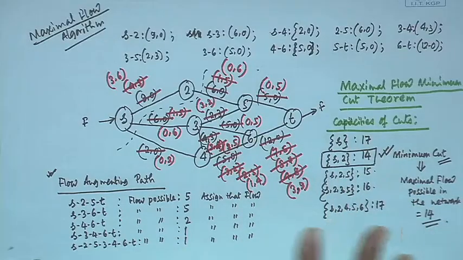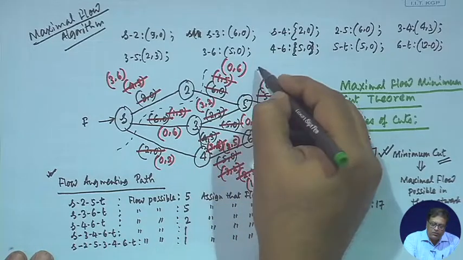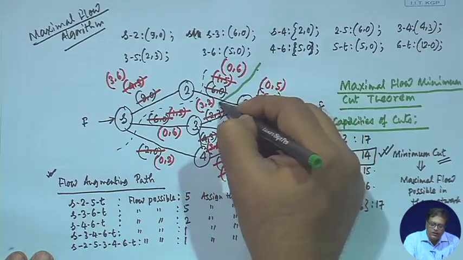All right. So, after we have done all these things, now very interestingly, can you see something very interesting? Look at this S-2 cut set. Can I draw this cut set now? See, this is the cut set.